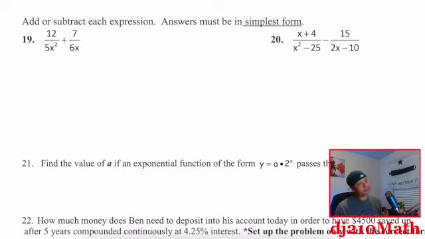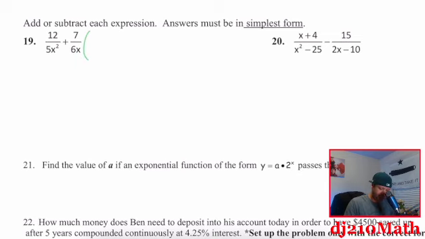Add or subtract each expression, must be in simplest form. Okay. So the only way to add fractions is to have a common denominator. So the idea is that we got to multiply both sides by something so that the denominators eventually match.